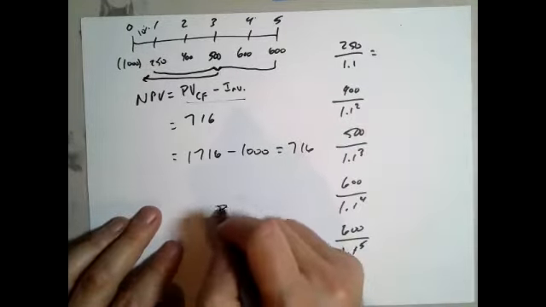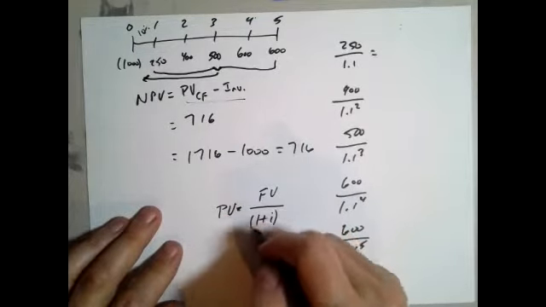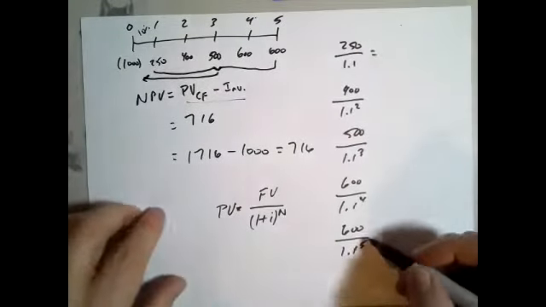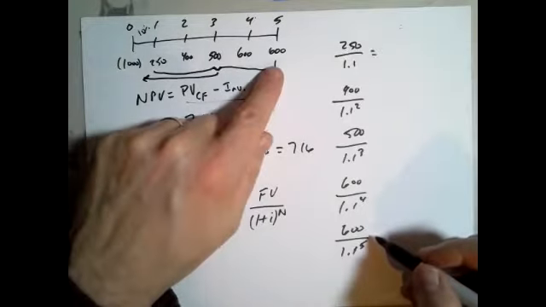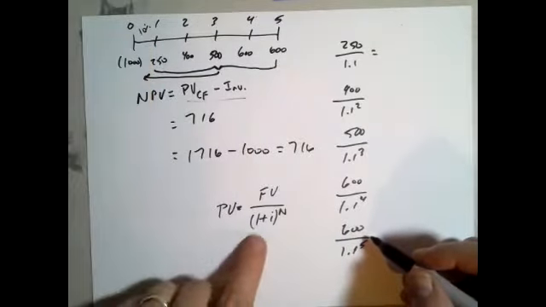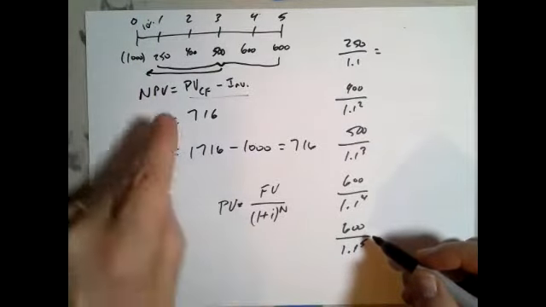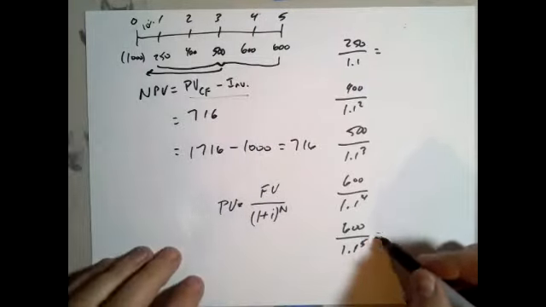Because the present value equals the future value divided by 1 plus the interest rate raised to the n, right? So let's go with this last one because we've done this a bunch of times already. 600 is the future value. The interest rate is 10%, so 600 divided by 1.1 raised to the 5th power gives us each of these.